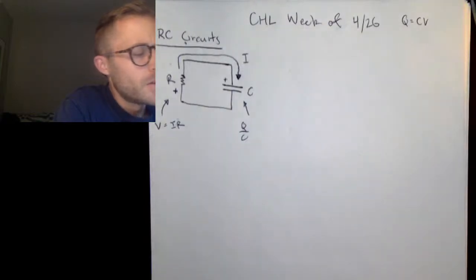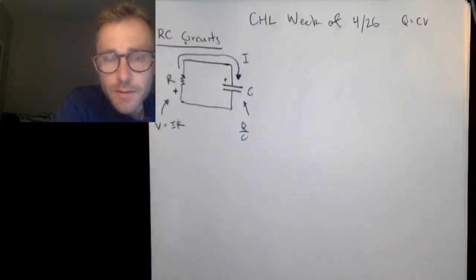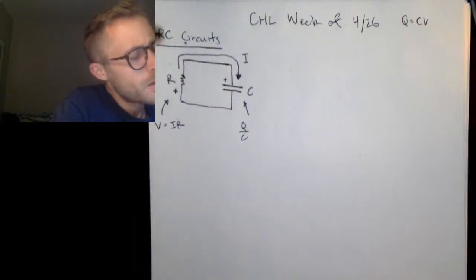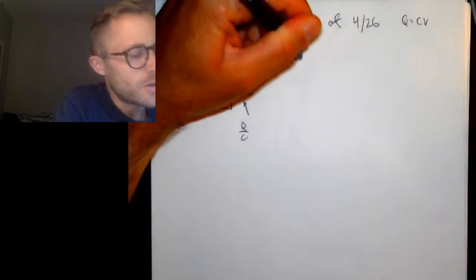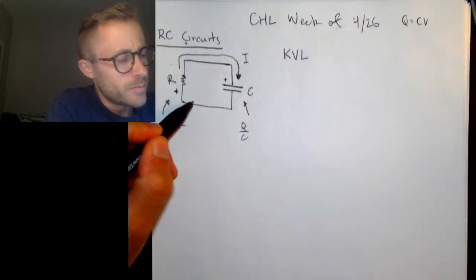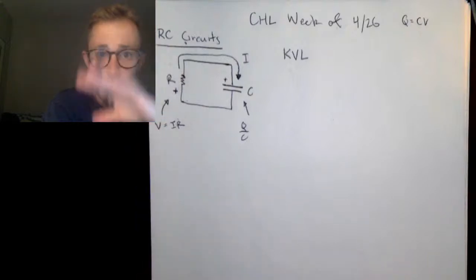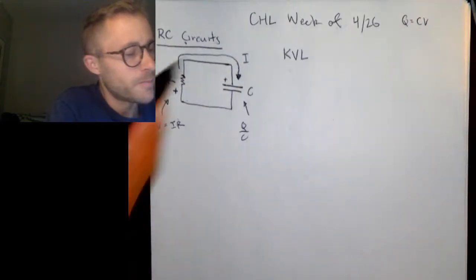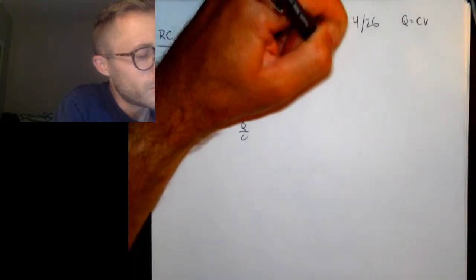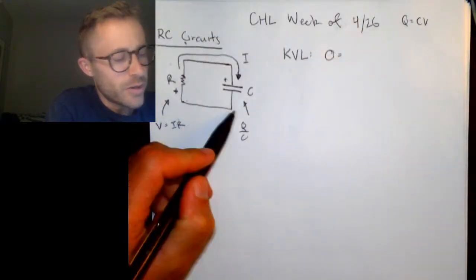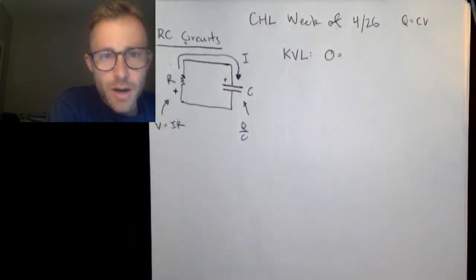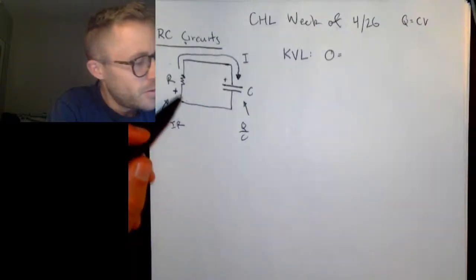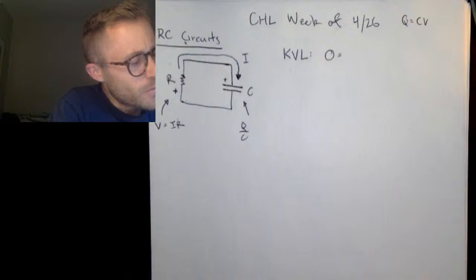All right. So now I'm going to apply Kirchhoff's voltage law, the one where we said the sum of the voltages around the loop has to equal 0. So 0 equals, and if I start here and begin to go around the loop, I hit the positive terminal of the resistor.